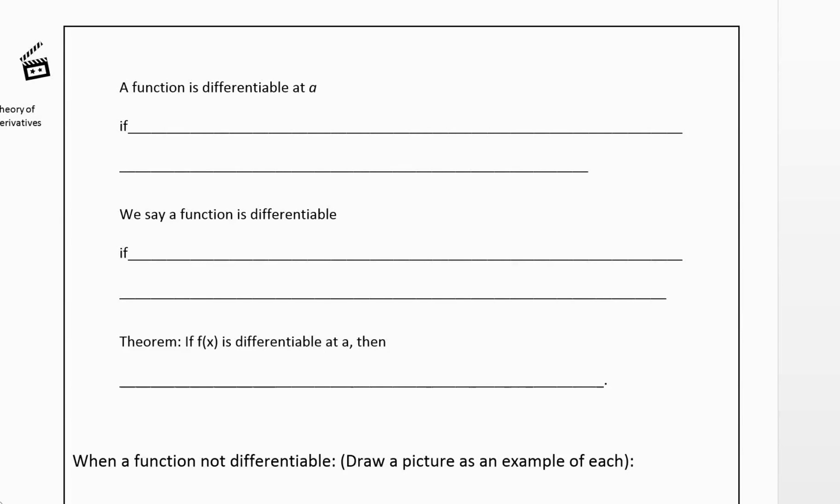In the last video of this section, we just want to go over some of the theory of derivatives. Okay, so we say a function is differentiable at an x value a if the limit in the definition exists.